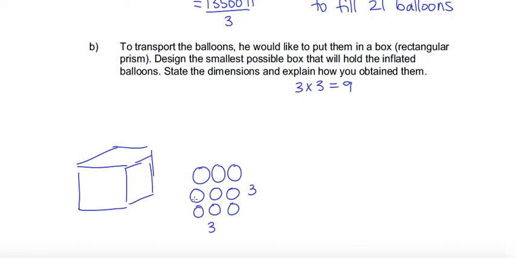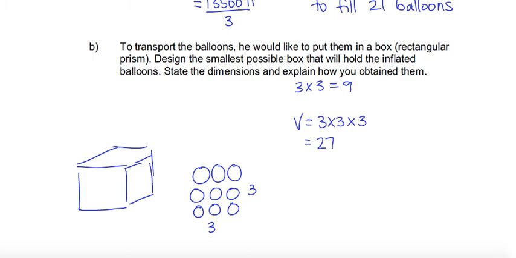So it's 3 high, 3 wide, and 3 long. Okay, so that could be an option. So the volume of my box could be 3 times 3 times 3, which would give me 27. So I would fit 27 balloons that way. Okay, so that could be an option.